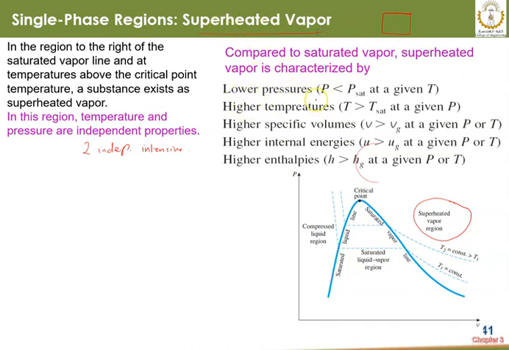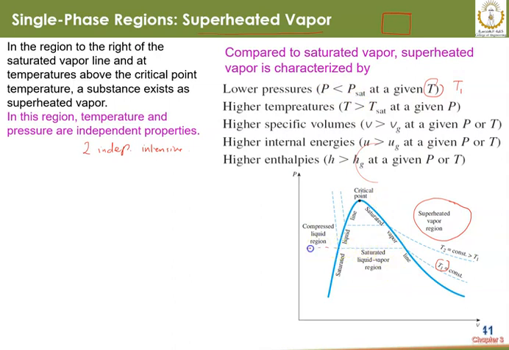First, if the pressure is less than the saturation pressure at a given T. Remember, this is the PV diagram, and in the PV diagram we have lines of constant temperature. So, for example, if our temperature is T1, then our state should lie along this line only. Then we look at the pressure.